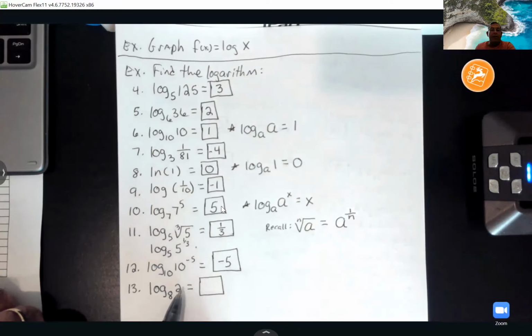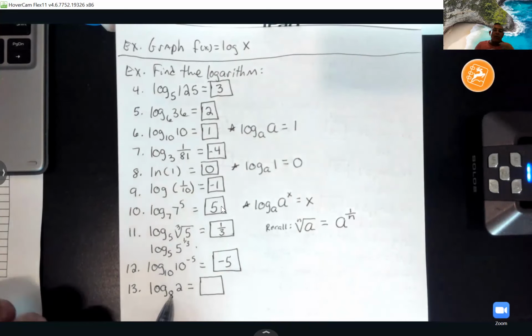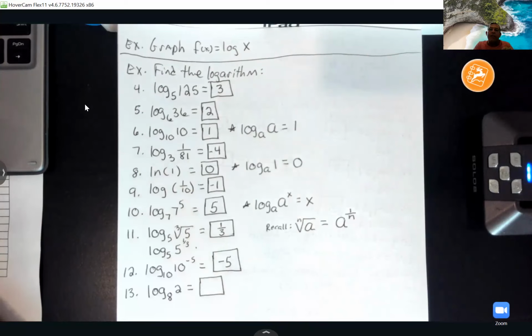And y'all look here, the result is smaller than the base. So when that result is smaller than the base, you're going to notice that you get fractional answers for those. So y'all let me share my screen. I'm going to go to my calculator.